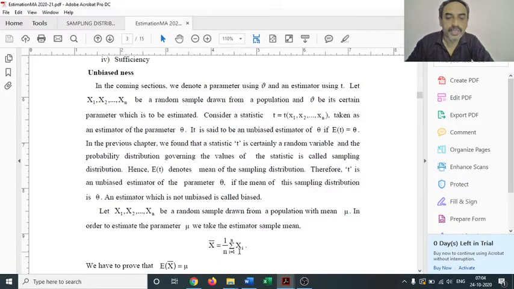We can note that this x bar is a function of the values belonging to the sample, while mu, the parameter, is a function of the entire values of the population. In order to show that x bar is an unbiased estimator of the population mean, we have to prove that E of x bar equals mu. That is, x bar is in the place of T and mu is in the place of theta.